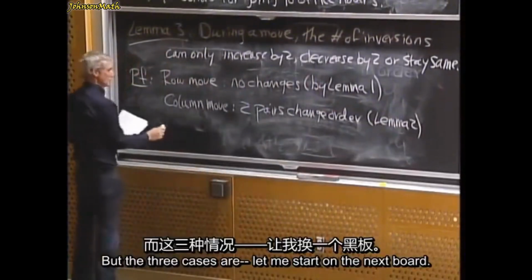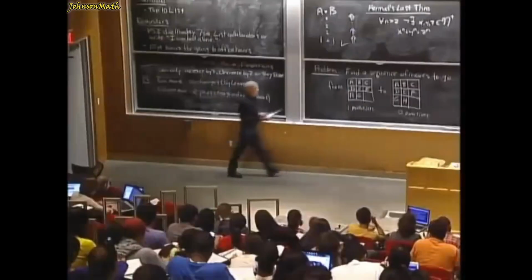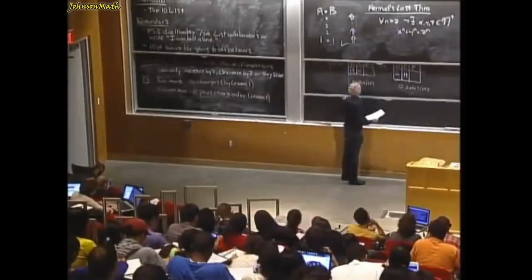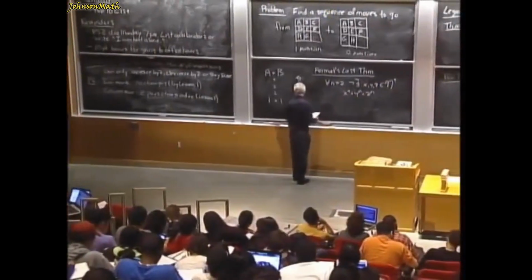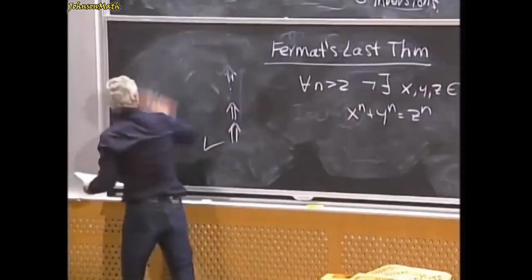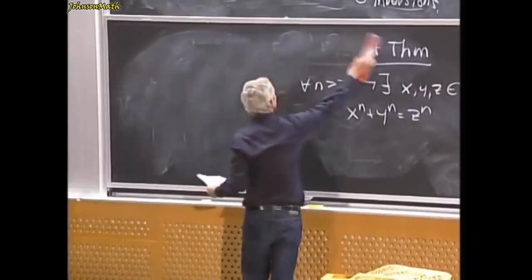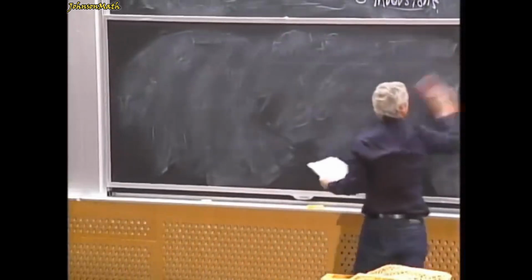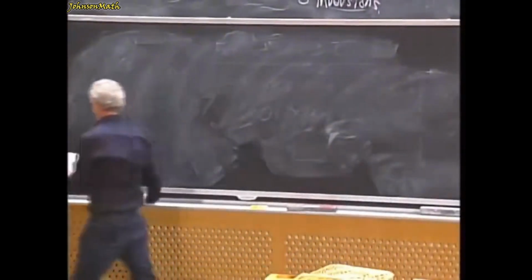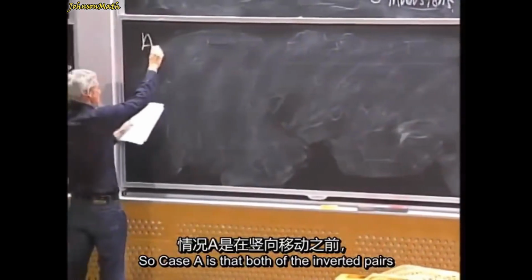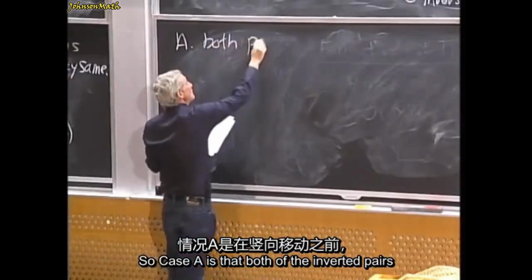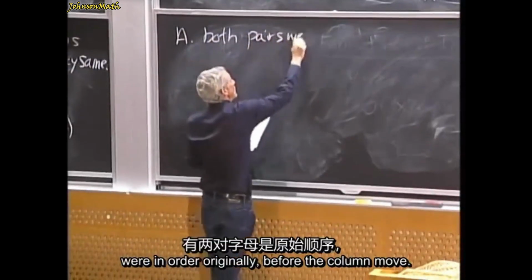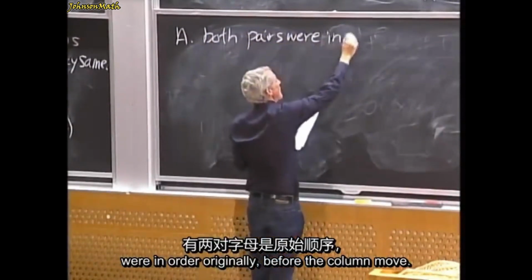The 3 cases are, let me start on the next board. So case A is that both of the inverted pairs were in order originally, before the column move.